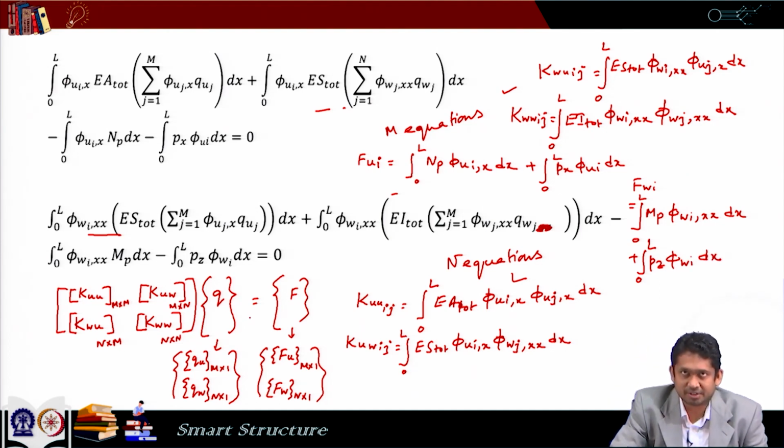So, this entire matrix and vectors are defined. By solving this, we can find out q and then we can get our solution.